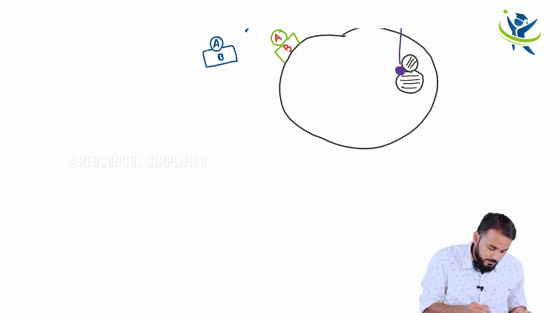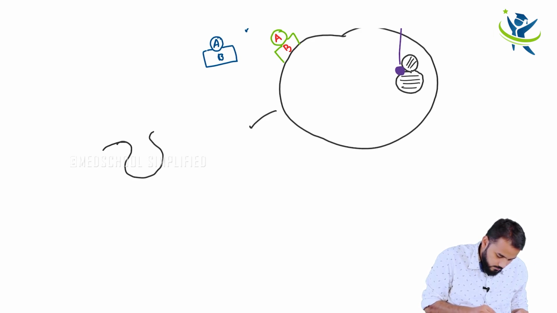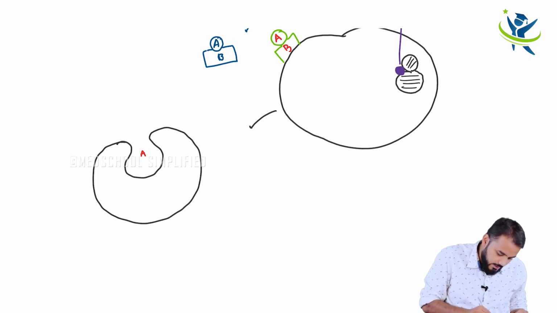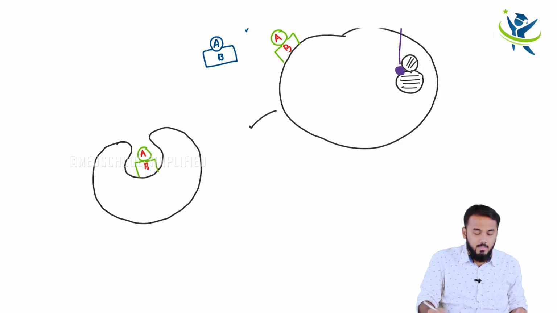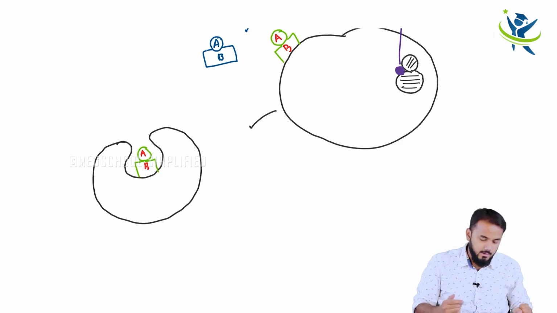Look here in the next picture. So this was your A subunit, this was your B subunit. Both the A subunit as well as the B subunit are right now inside. Now finally they are phagocytosed inside and form a vesicle here.